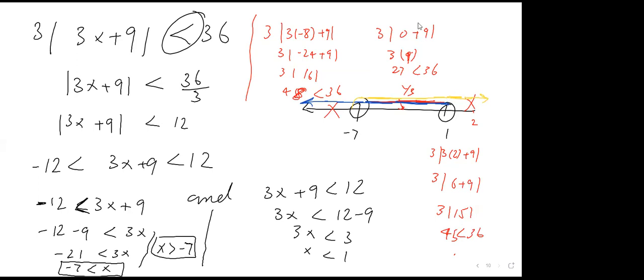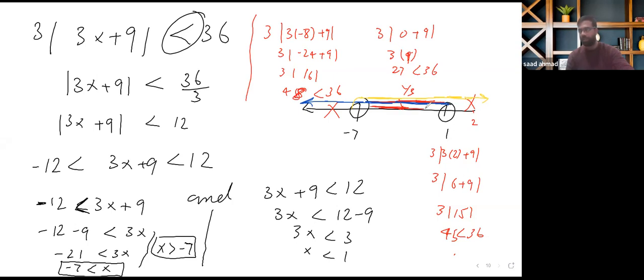Both of them exist in this portion here, so this is the part where it is the solution. So you can just do it this way. You can graph them and figure out where the common portion is, or you can take a point from each interval and then check them.